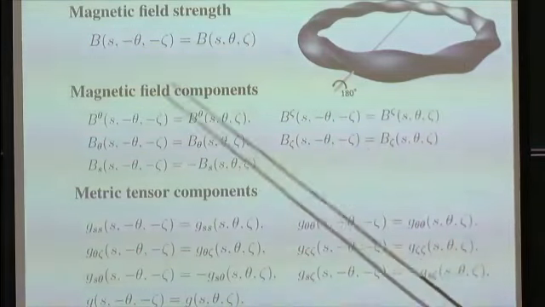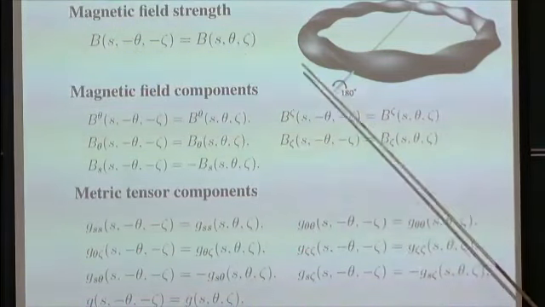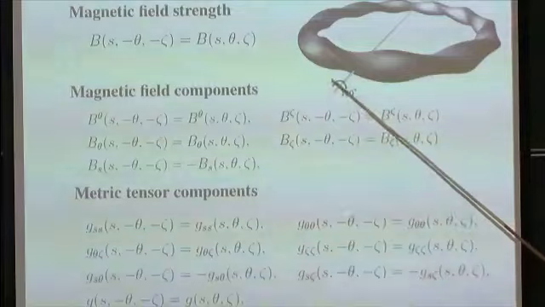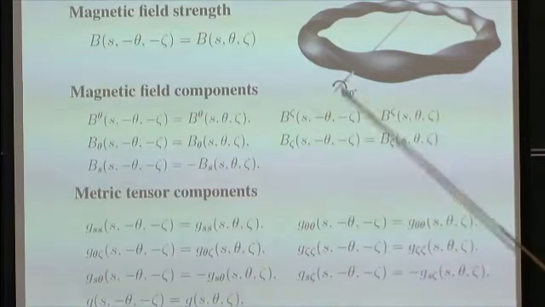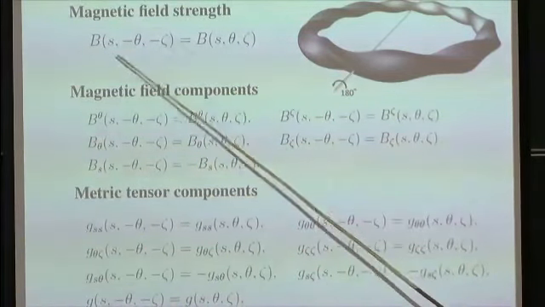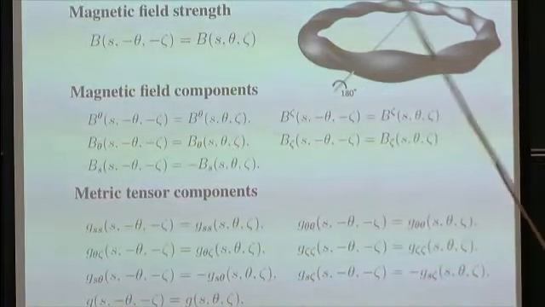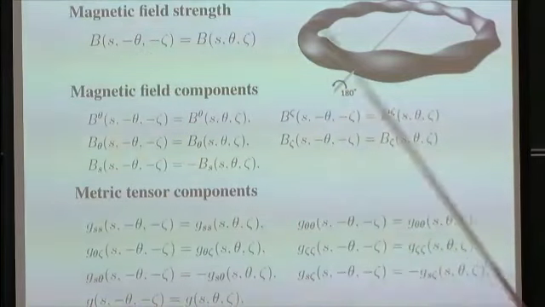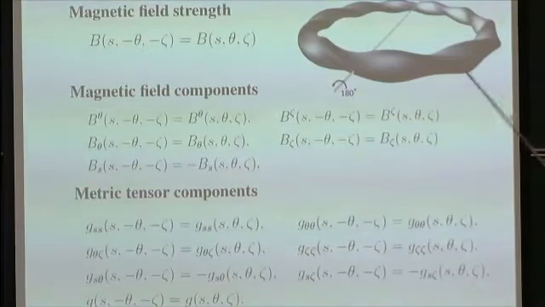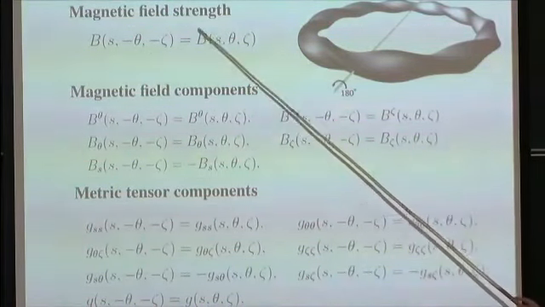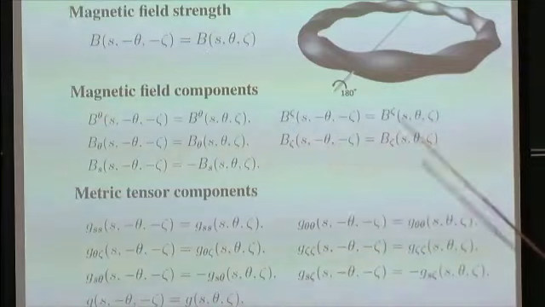In this case, if we take the origin of the toroidal angle at this position, then the magnetic field strength as a function of the flux coordinates is an even function of the poloidal and toroidal angles.